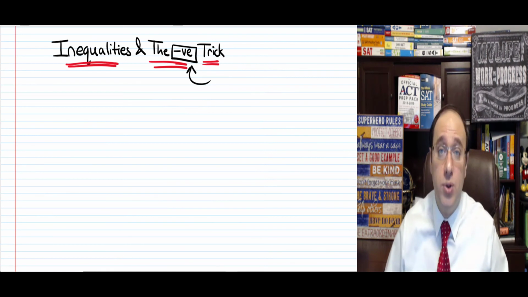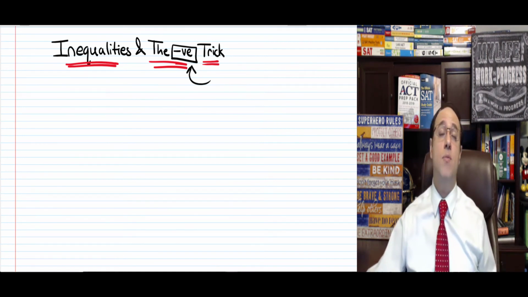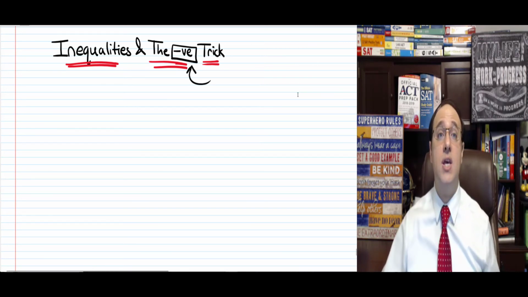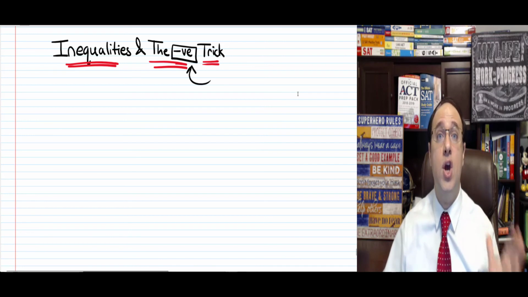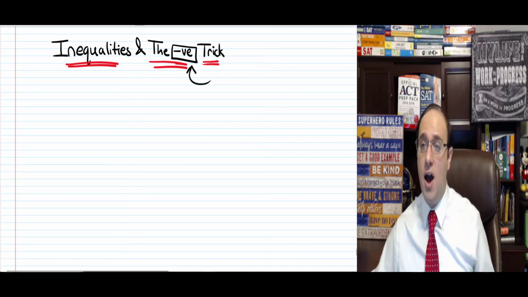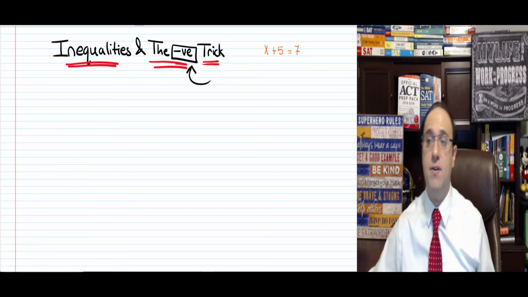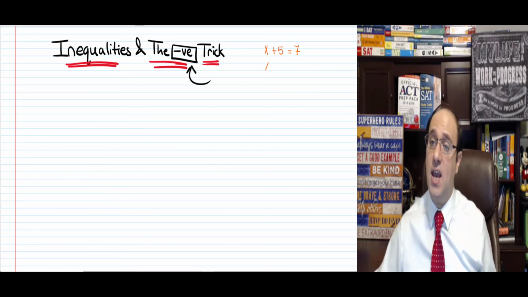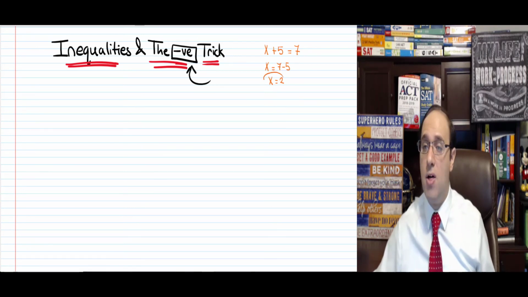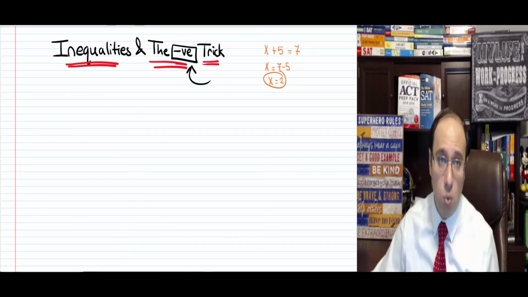Inequalities are very similar to equations. And like we said before, when we solve inequalities, we basically use the same skills, the same hacks, the same ideas that we learned when we used to solve equations. So just as a quick reminder, if I was able to say that x plus 5 equals 7 in an equation before, and I get rid of the plus 5, making it minus 5 on the other side, leaving me with an answer of 2, I could simply do the same thing if it were an inequality.